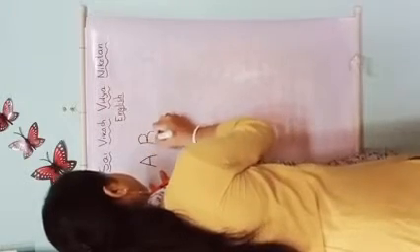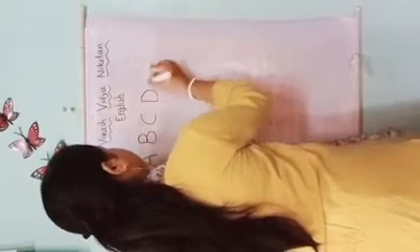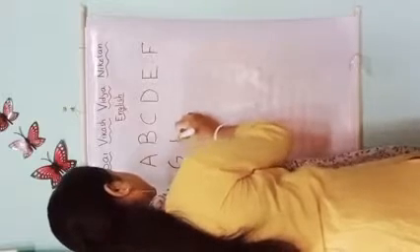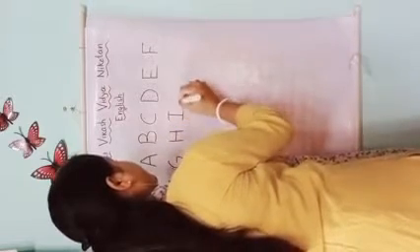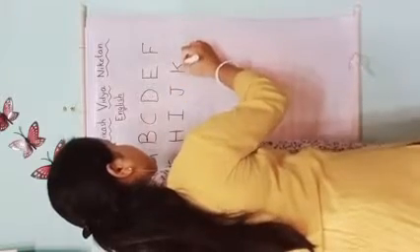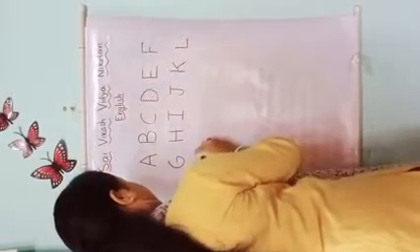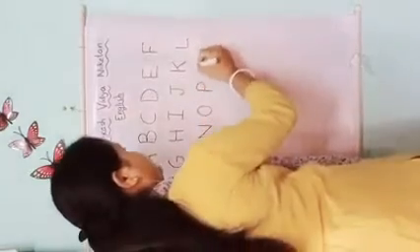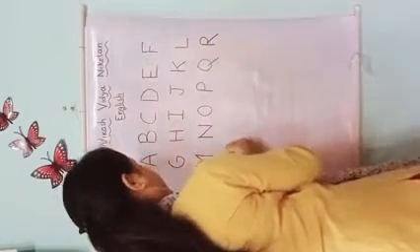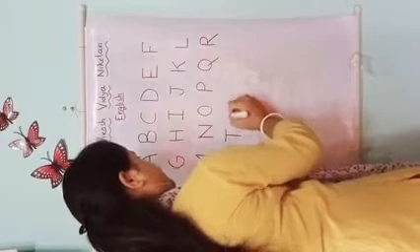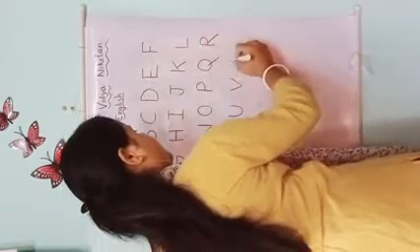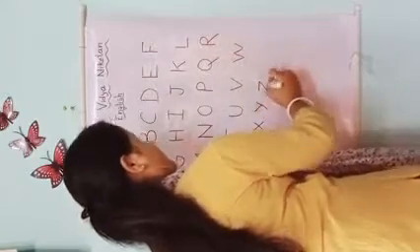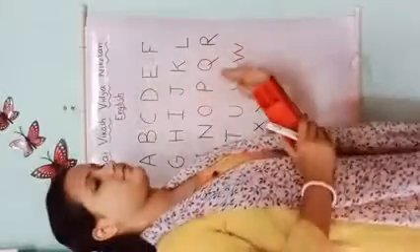A, B, C, D, E, F, G, H, I, J, K, L, M, N, O, P, Q, R, S, T, U, V, W, X, Y, Z. These all are the 26 alphabets in our English language.